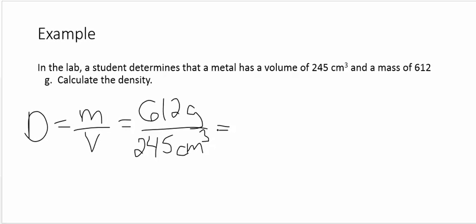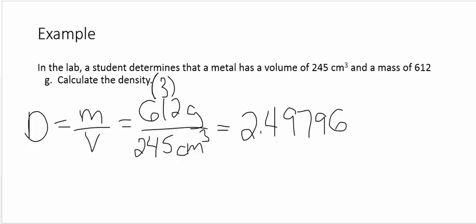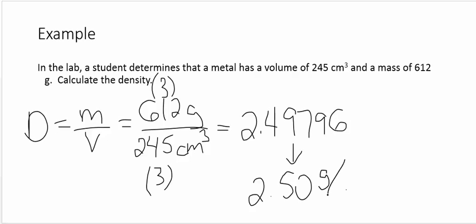So my density, when I do the calculation, I get a density of 2.49796. We have to round this off to sig figs. 612 has 3 sig figs, 245 has 3 sig figs. We're dividing, so my answer has to have 3 sig figs. So 2.49796 would be rounded to 3 sig figs. We're going to round it up, 2.50, and then write your units, grams per centimeter cubed.